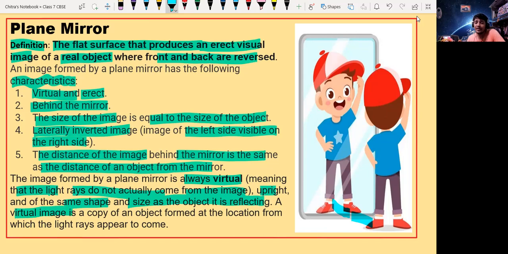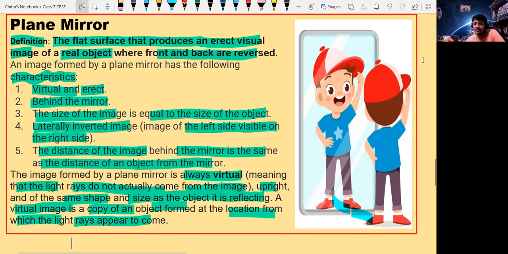A virtual image is a copy of the object because it looks very similar, at the location from which the light rays appear to come. That means however far a person stands in front of the mirror, the image will form behind the mirror at the same distance. So these are the very important points that we have discussed here about the plane mirror.